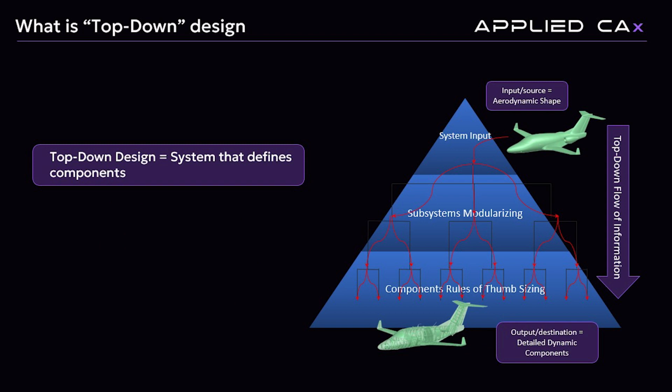So, to understand what structures we'll use to create the wave links, we need to understand what a top-down assembly is. It's a system that defines components. In this case, it's maybe the exterior of the airplane, and that's defining the rest of the assembly from the top down. The other components will update based on that.